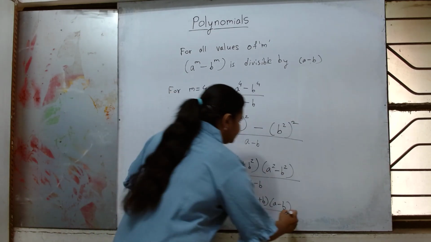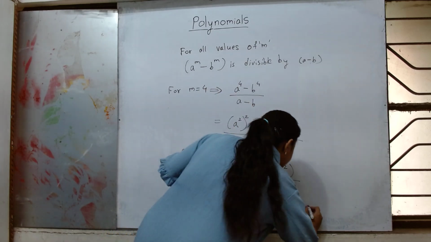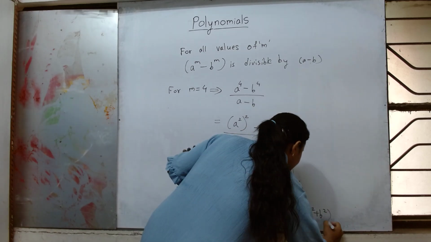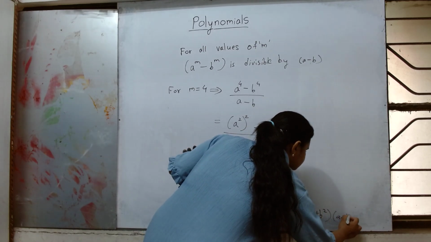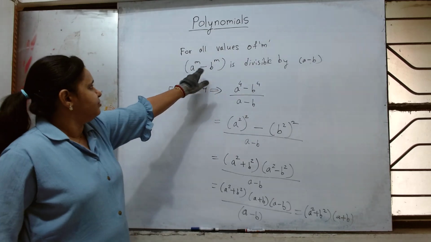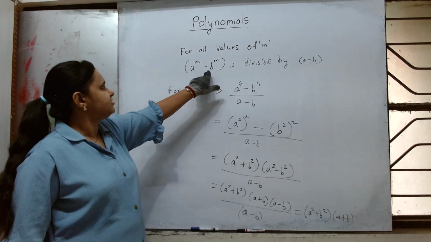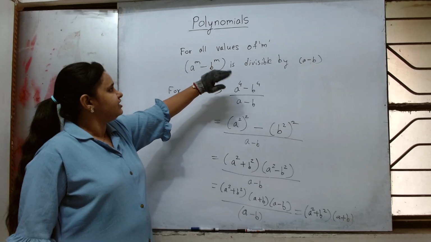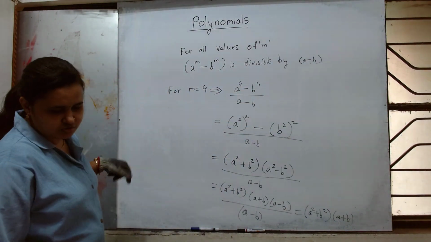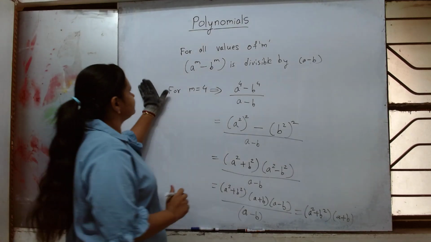So what answer will we get? A square plus b square into a plus b. So if we take any value of m, then a to the power m minus b to the power m will be divisible by a minus b. So the second one is also correct.